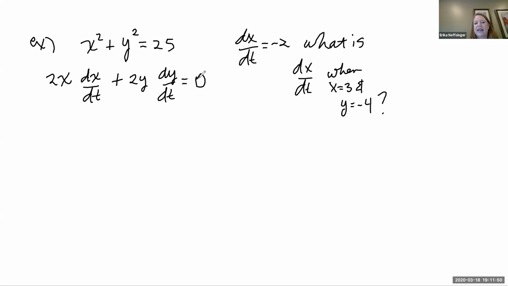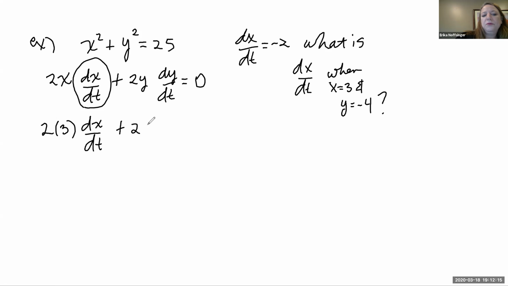And so now it's asking us, what is dx/dt? So we're trying to find dx/dt right here, right? When x is 3 and y is -4. So just go back into our equation and substitute. We have 2 times x, which is 3, all times dx/dt, plus 2 times y, which is -4, all times dy/dt.